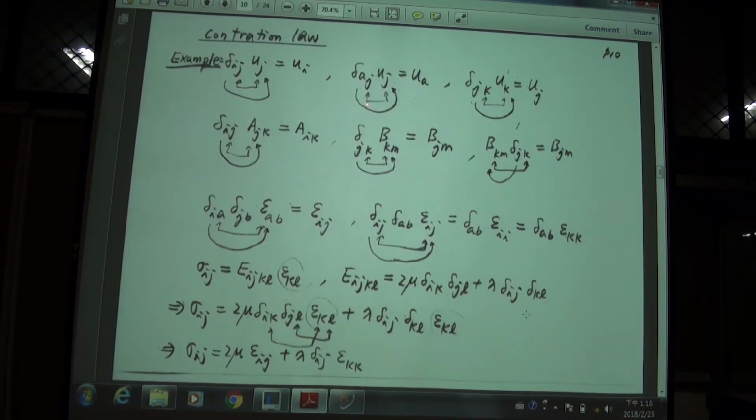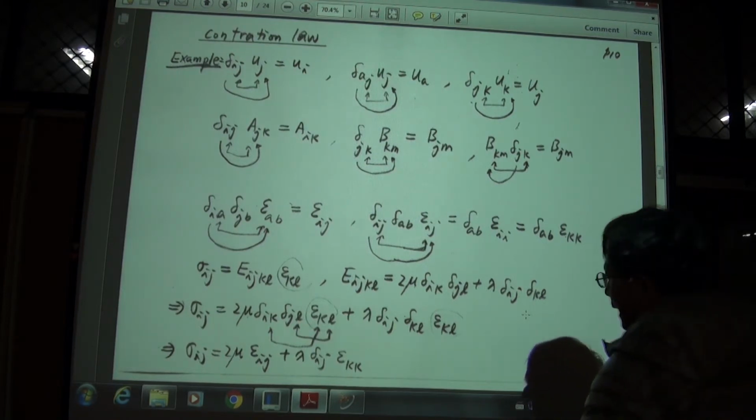Now, if we have delta_aj u_j, then j is repeating, so we replace j by a. If delta_jk u_k, k is repeating, so we replace u_k by u_j. We get u_j.